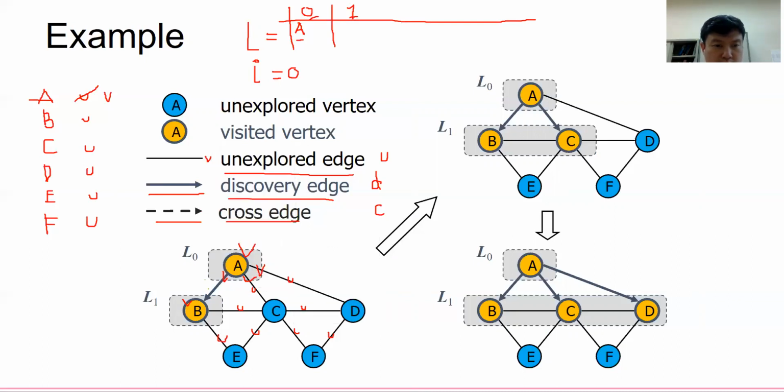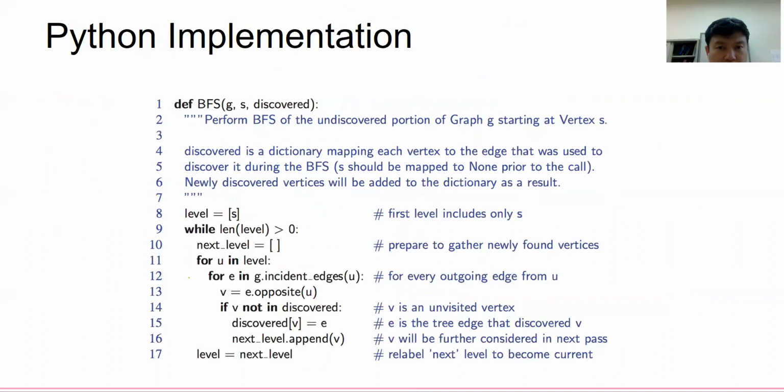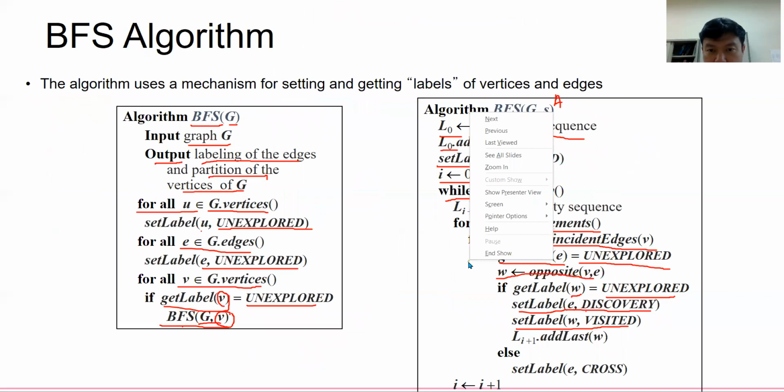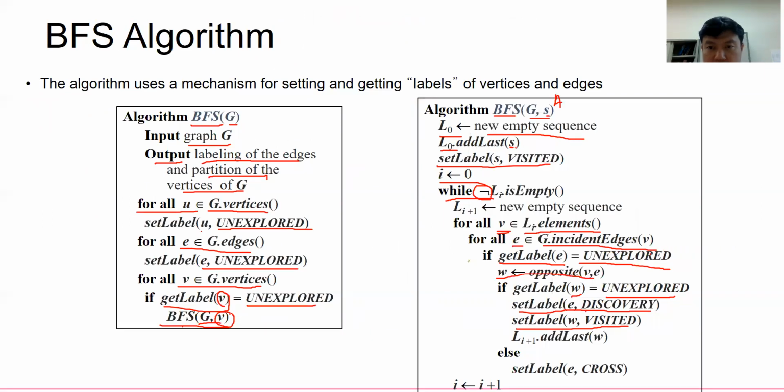I'll use green. So I visited this edge, and now the edge has been set as discovery, and let's make the W as visited.